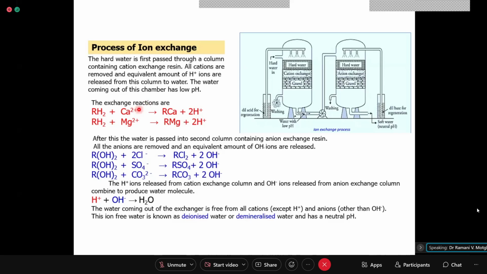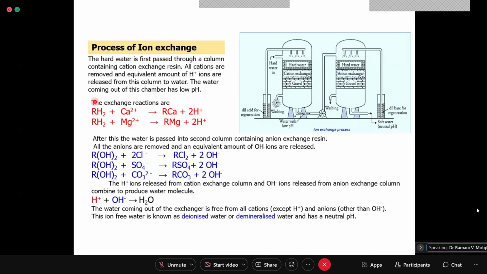Now this RH2 reacts with Ca2 plus and 2 Cl minus, because this will not be present only as a cation. It will be a salt like calcium chloride or calcium sulfate, so the negative part is written here. First, in this particular column, the reaction takes place on the surface of this cation exchanger resin.